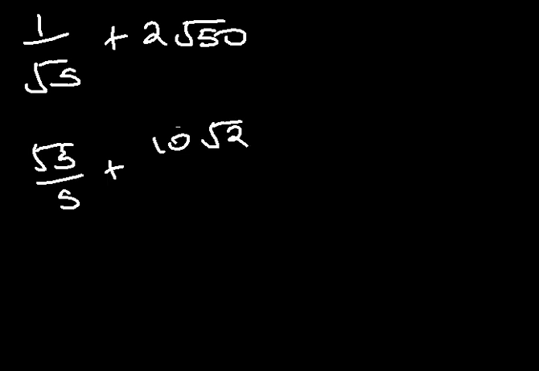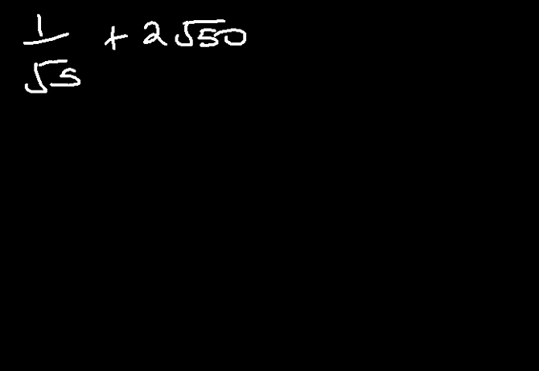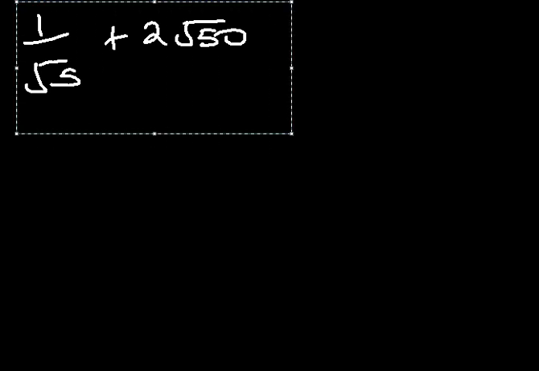So in that case, you have to express this as a single fraction. You see that we'll have what we are looking for as the rationalized expression. So take note of that.